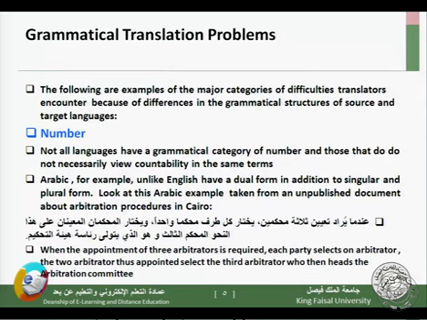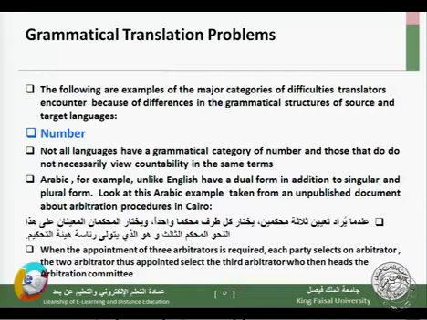Now, Arabic, for example, unlike English, has a dual form. In Arabic, we have a dual form in addition to singular and plural. English doesn't have a dual form. Oh, I know you would say, all right, they say two, but it doesn't work like this.